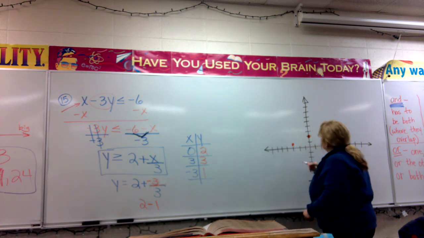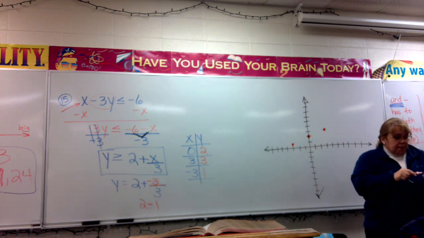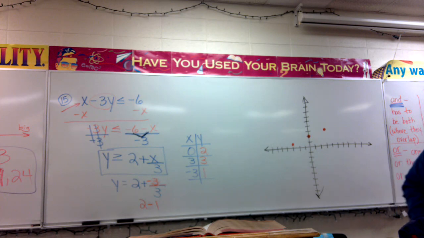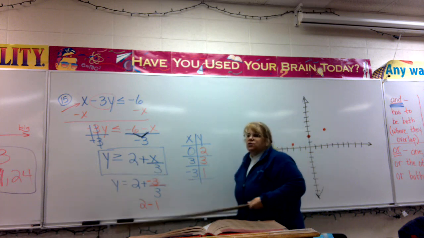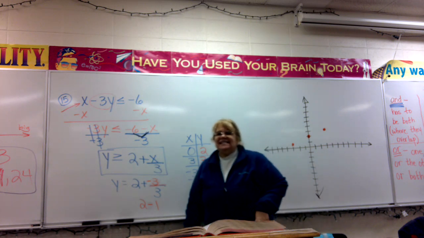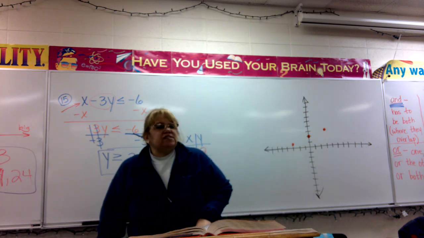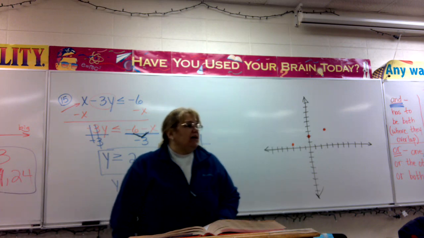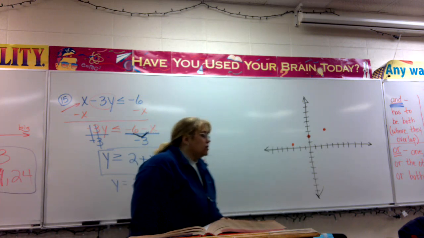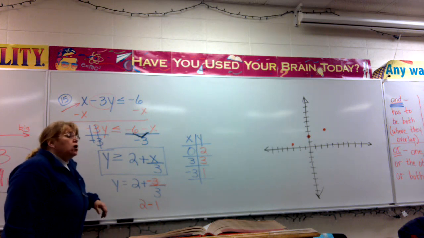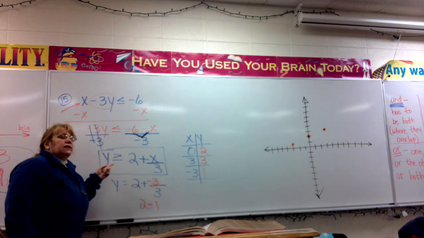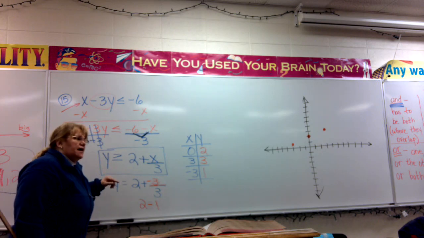And now we have to connect those points. But remember, it's an inequality. Do you remember what to do? Yesterday we talked about solid line, dashed line. What's the difference? Sean, what's the difference? Well, how do you know if you should make a solid line or a dashed line?